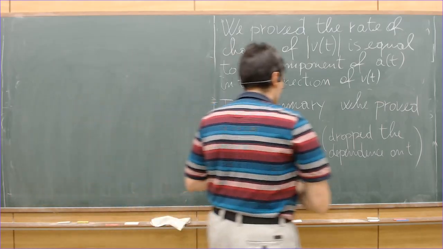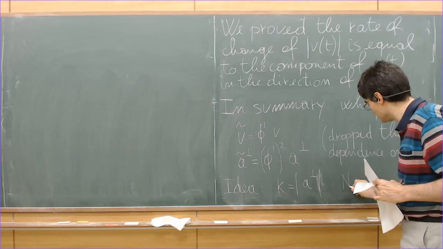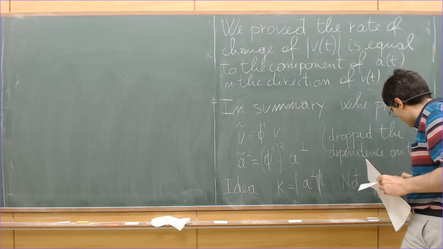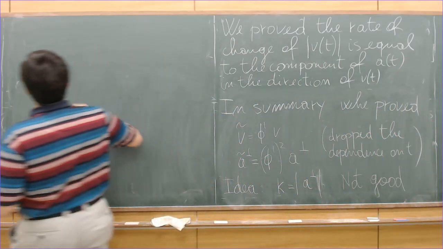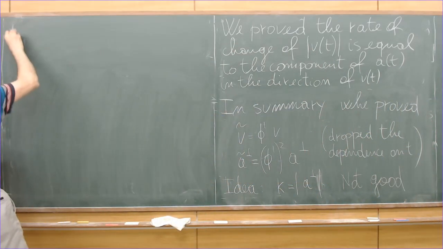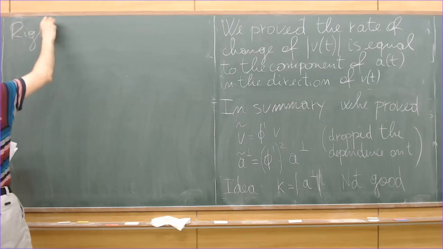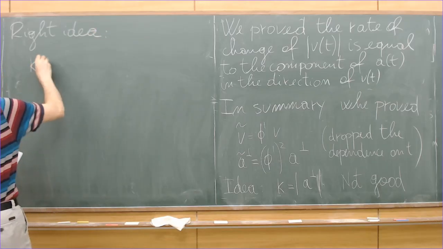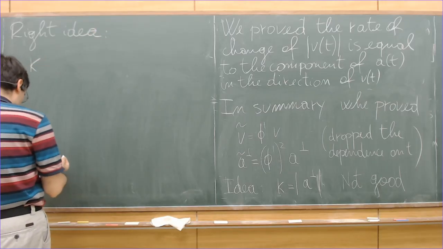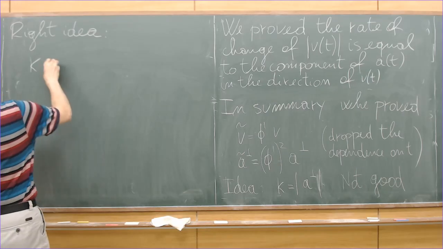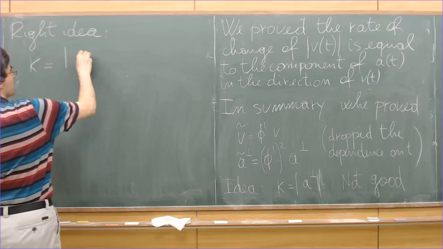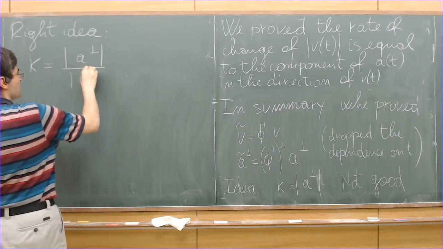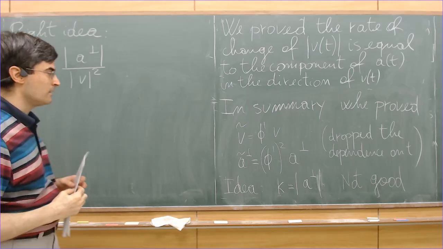So let's write "not good" or "not correct". The right idea is to try with this definition: k equal to the length of A orthogonal divided by the length of V squared. Why?